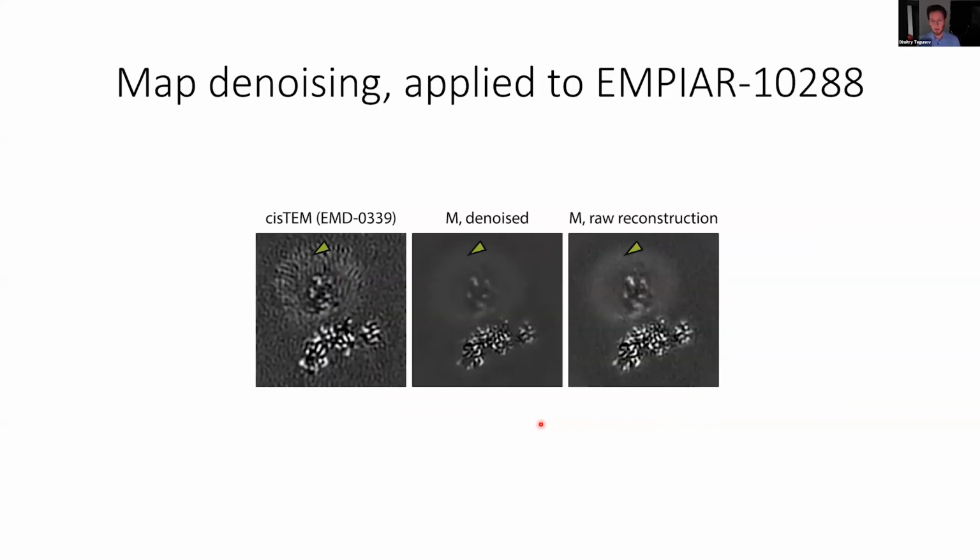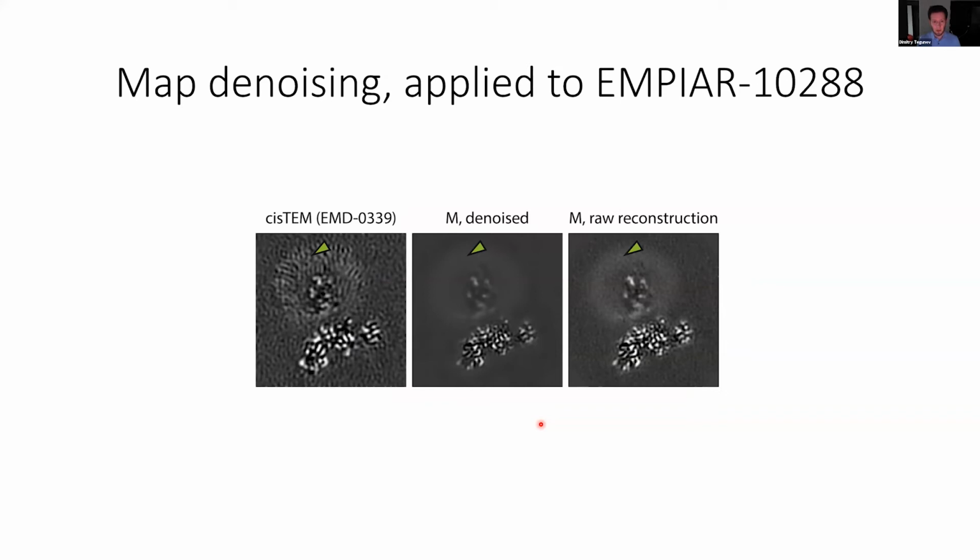Another thing that is increasingly popular now is filtering the maps to local resolution during 3D refinement. We already saw one of the current solutions in Sidesplitter a few days ago here. And another approach is the non-uniform refinement in cryoSPARC.